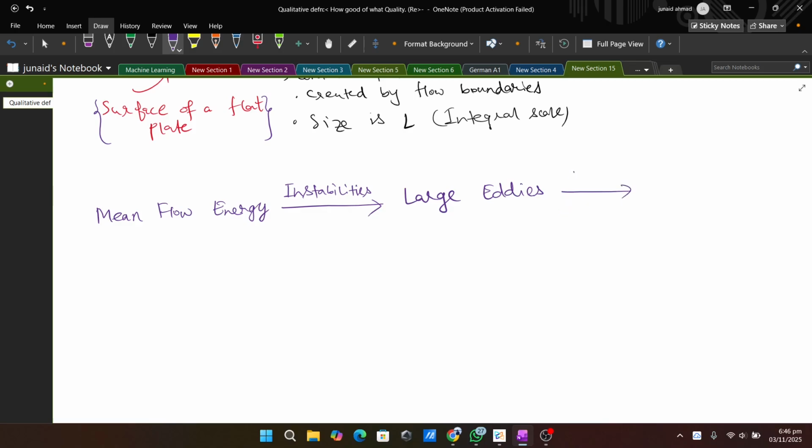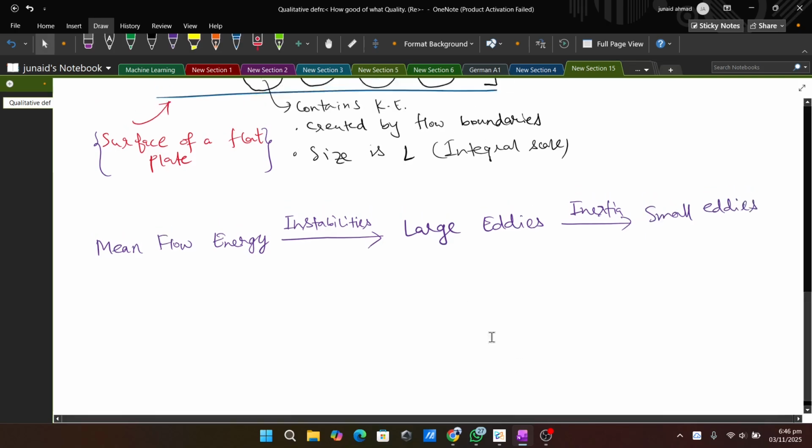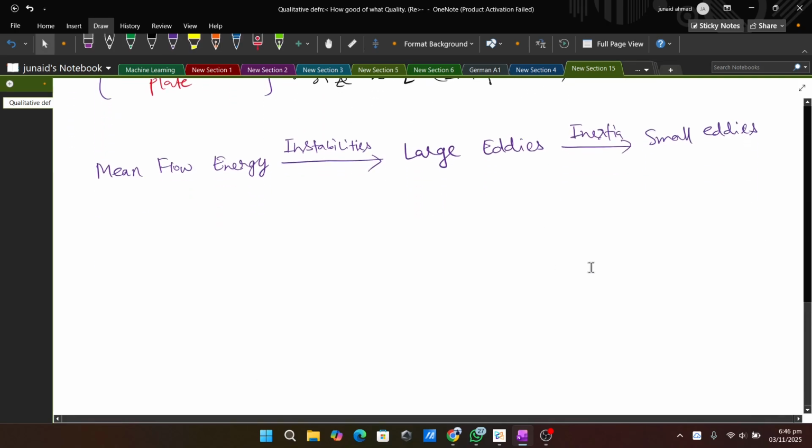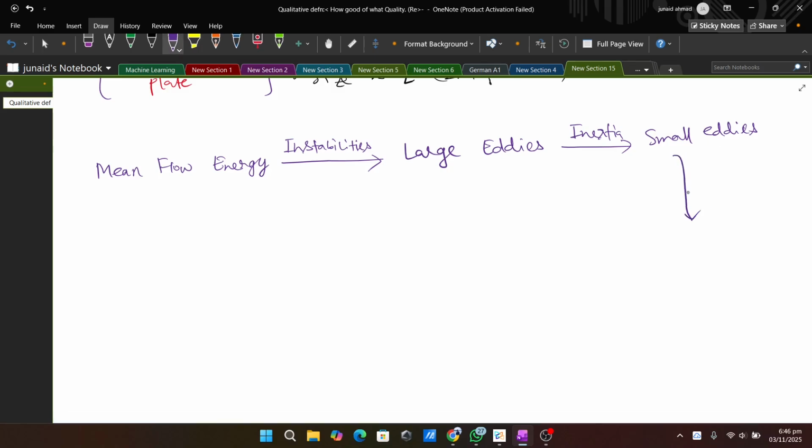Due to the inertia, they are becoming small eddies. And then after the small eddies, due to the effect of the viscous forces, we are having thermal energies.